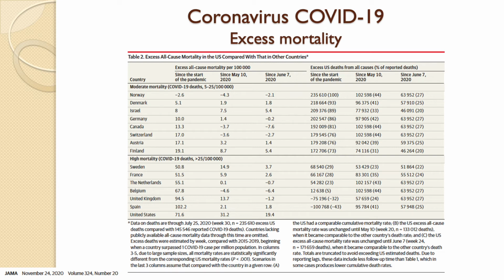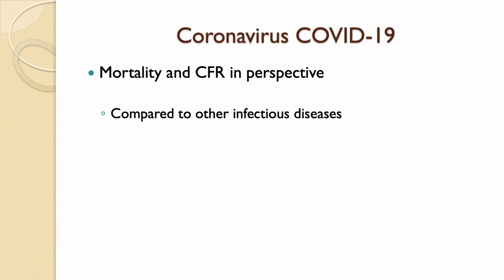And as you can see, different rows with the excess cause mortality per 100,000 since the start of the pandemic, and also since a later date. And again, you can see there is a very remarkable difference between the different countries.